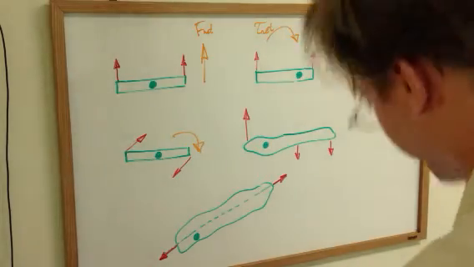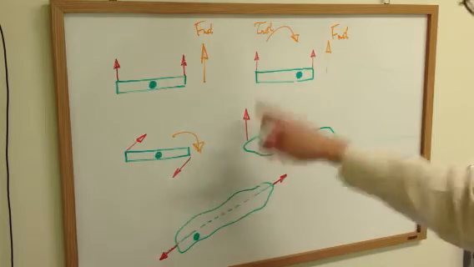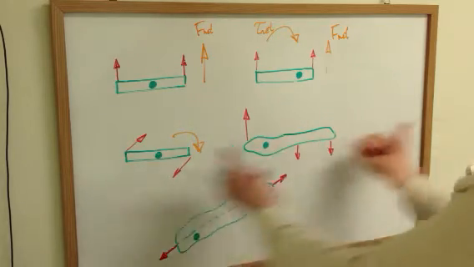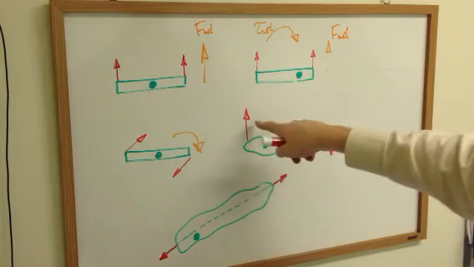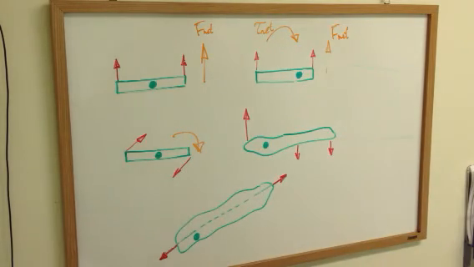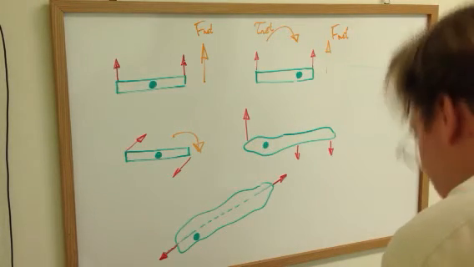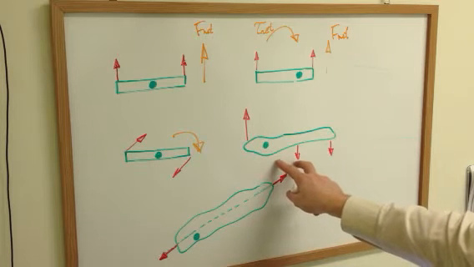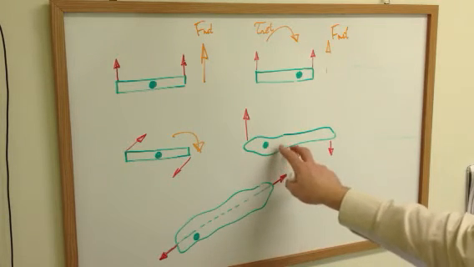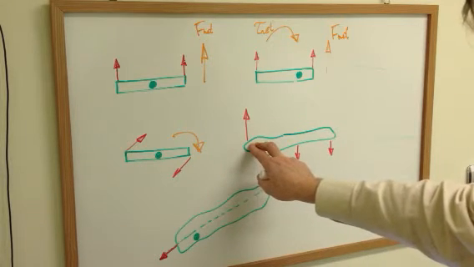Let's look at this one. These forces are going to balance out this force. There's no forces pulling sideways. Vertically, these two half forces are going to balance that. But let's look at the torque. Well, this force is half as much as this one. But this is a very narrow, small lever arm here.